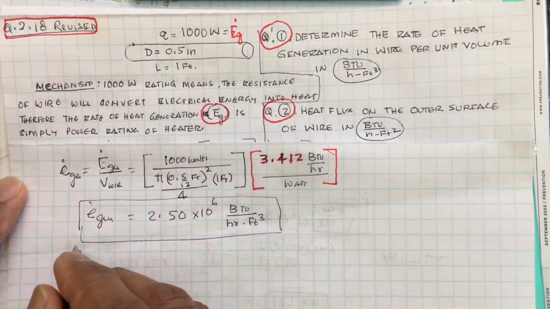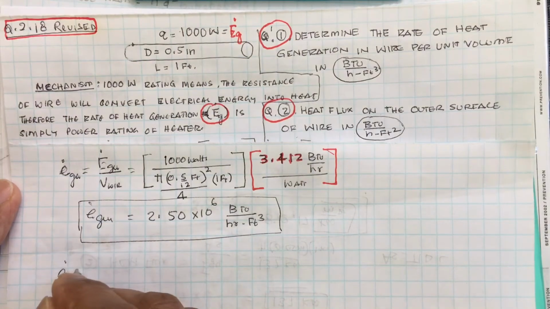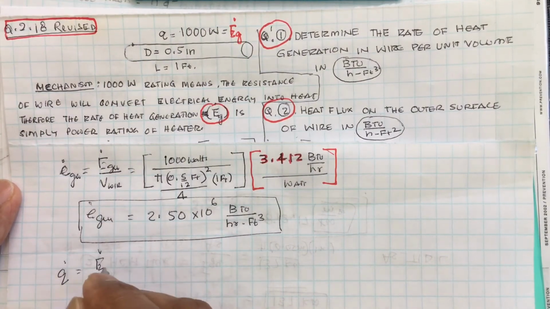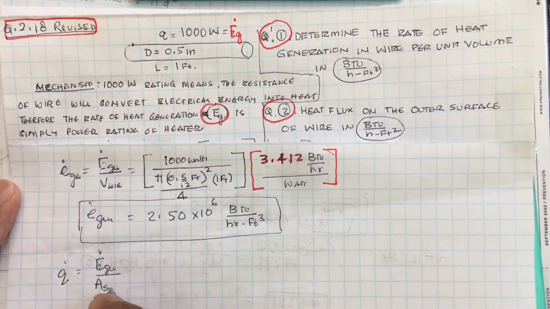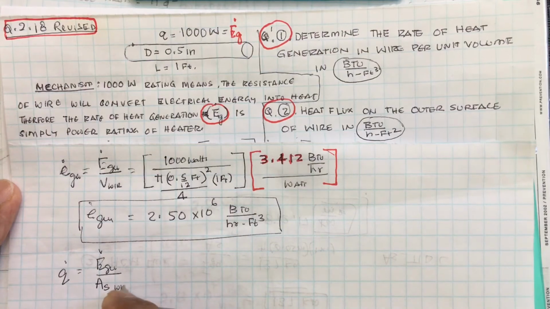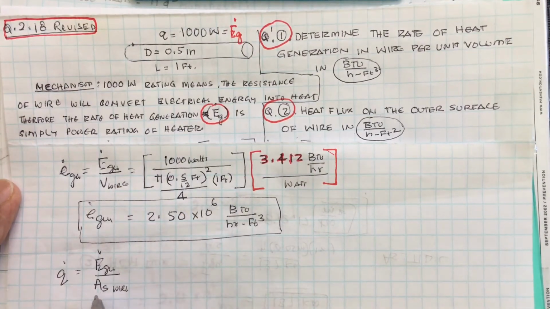That's the first answer. The flux, again, pretty straightforward, is capital E dot over the area of the surface of the wire. Here is the volume of the wire. Here is the area of the surface of the wire.